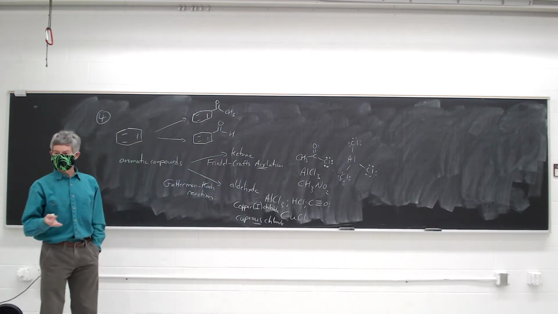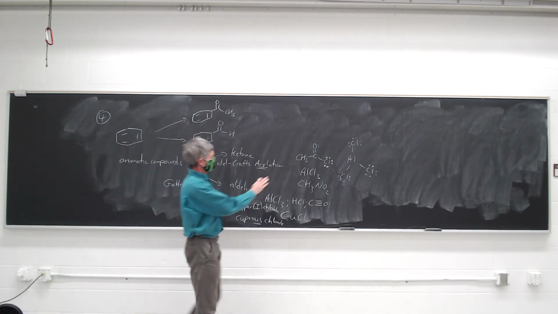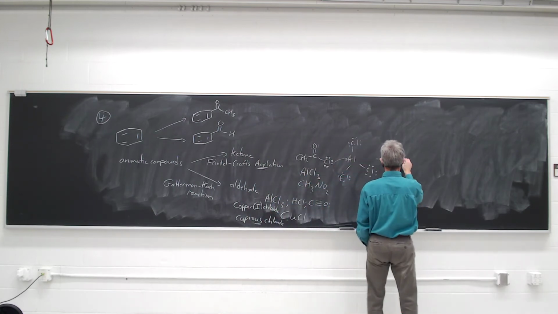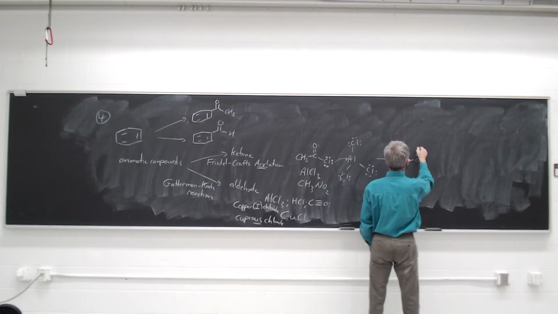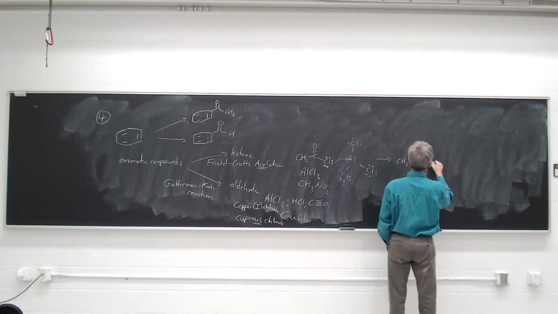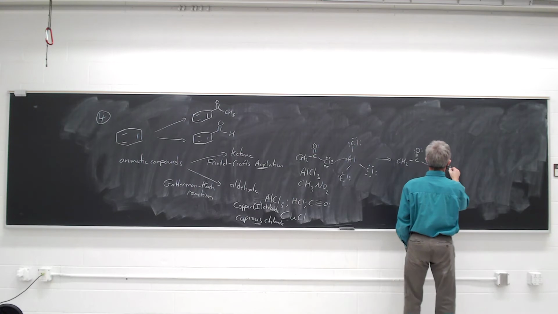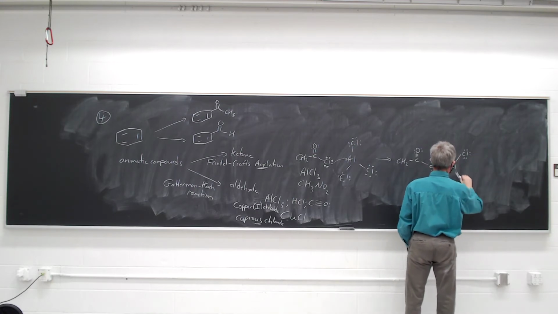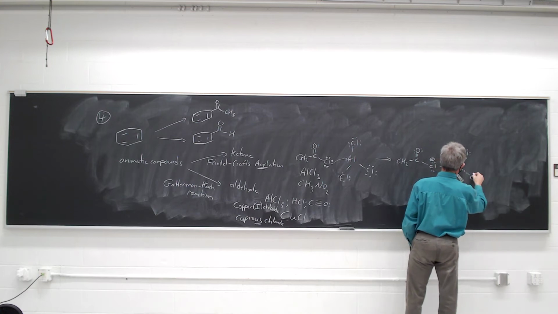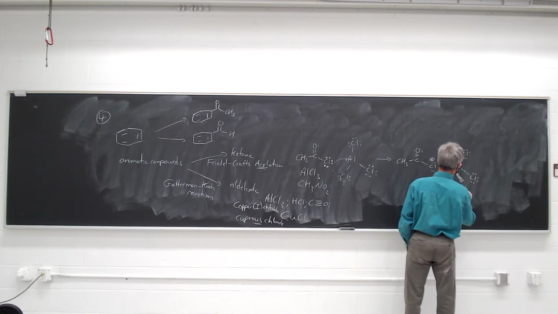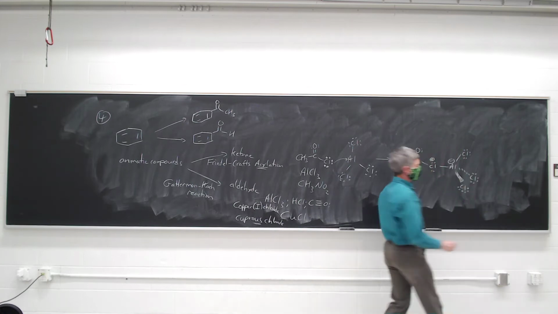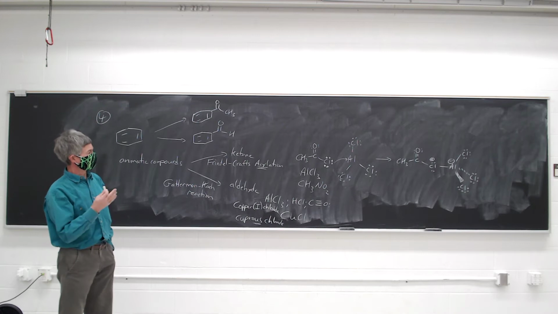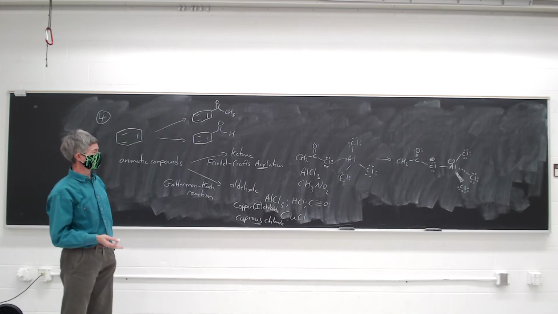So the chlorine of the acetyl chloride can actually bind to the aluminum, taking aluminum tetrahedral and putting a positive formal charge on that chlorine that's bridging between the carbon and the aluminum.